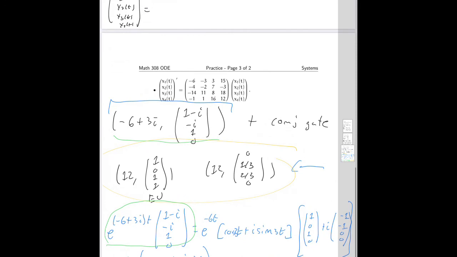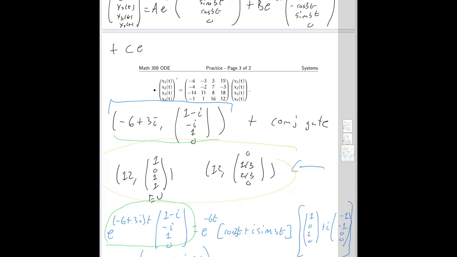a e to the minus 6t times the real part, which is cosine 3t plus sine 3t, sine 3t, cosine 3t, 0, plus b e to the minus 6t times minus cosine 3t plus sine 3t, minus cosine 3t, sine 3t, 0, plus c.